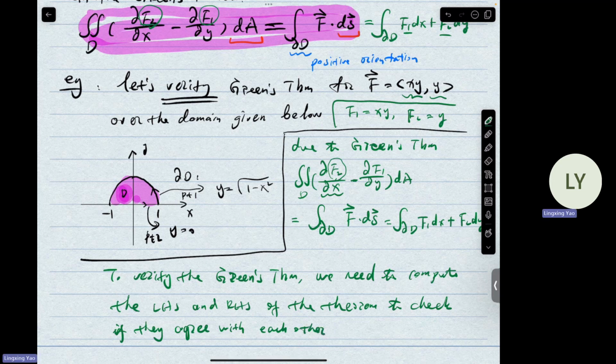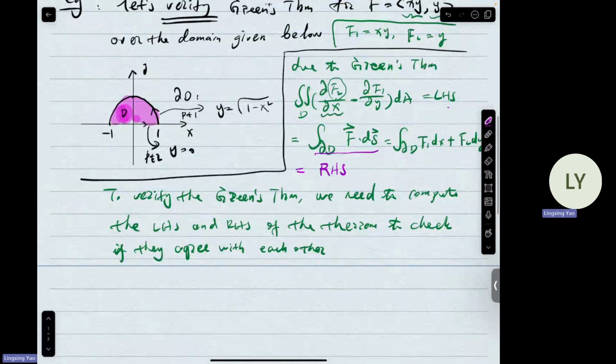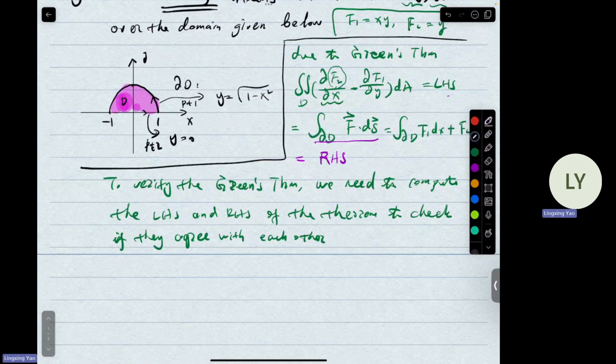So this is our plan. Obviously we have to identify the left-hand side, which is here, and the right-hand side, which is the line integral. Let's compute the left-hand side first.